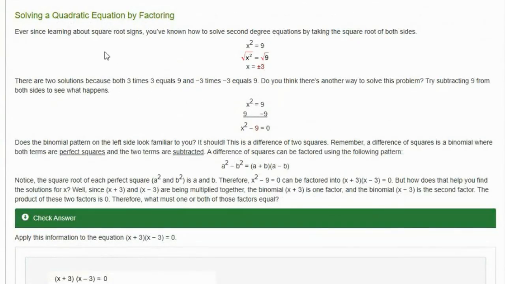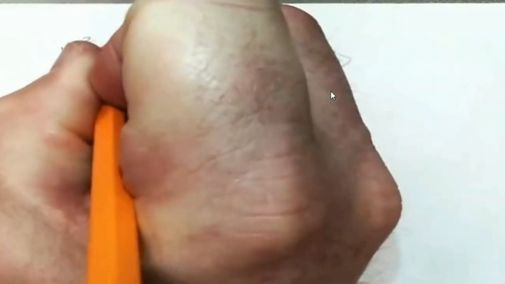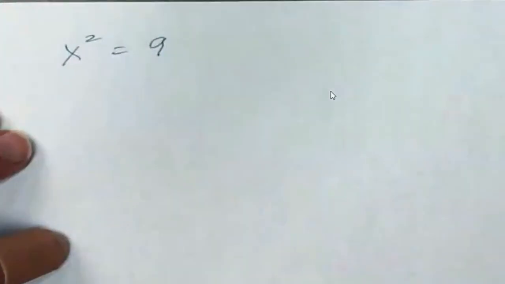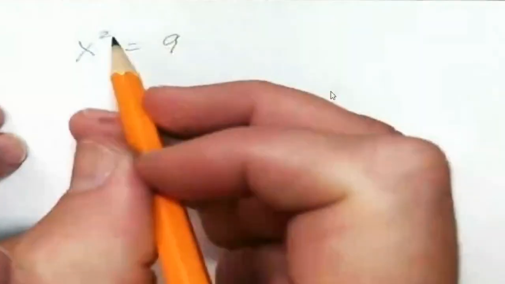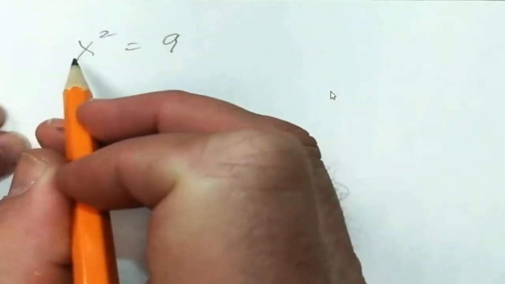So, solving a quadratic equation by factoring. Ever since learning about square root signs, you've known how to solve second degree equations by taking the square root of both sides. So we'll start some notes with something that simple. If we were going to solve x squared equals 9, that's pretty simple, because to solve means we need to know what x equals.